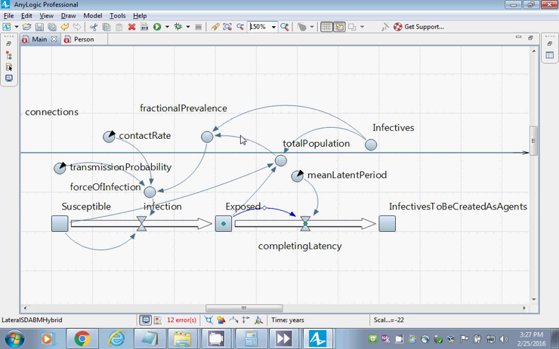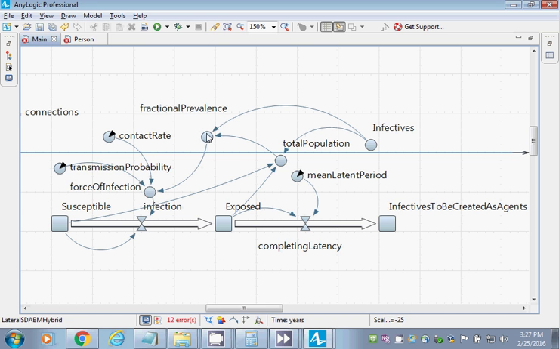The force of infection, the probability per unit time a given susceptible will get infected, shapes the number that are infected. It's computed as the contact rate times the fractional prevalence times the transmission probability. That force of infection is a hazard rate. It's a chance per unit time someone will get infected. And so the formula for infection is just susceptible times that. But we'll come and define that. So this is the classic mathematical epidemiology with compartmental models.